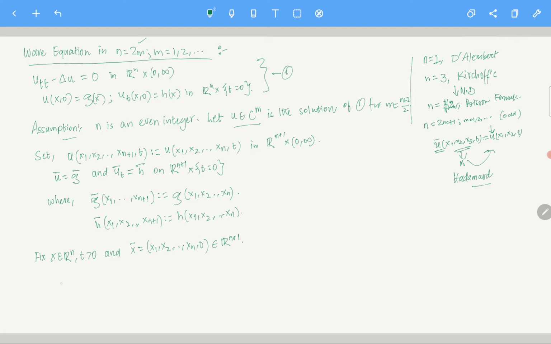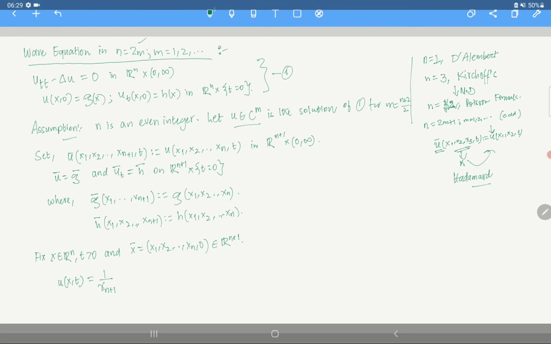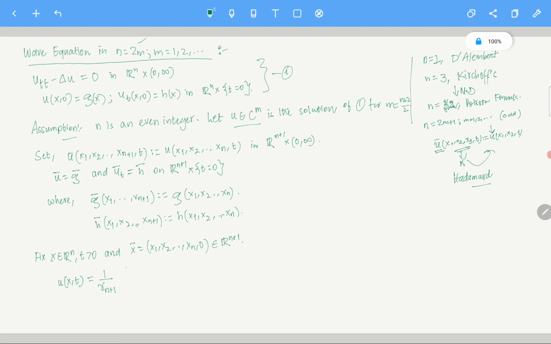What we have is, if you write u of x, t now, from Kirchhoff's formula, you remember Kirchhoff's formula, I hope, that is given by 1 over gamma at the point n plus 1 over 2, that particular number, and this is evaluated at (1/t d/dt).